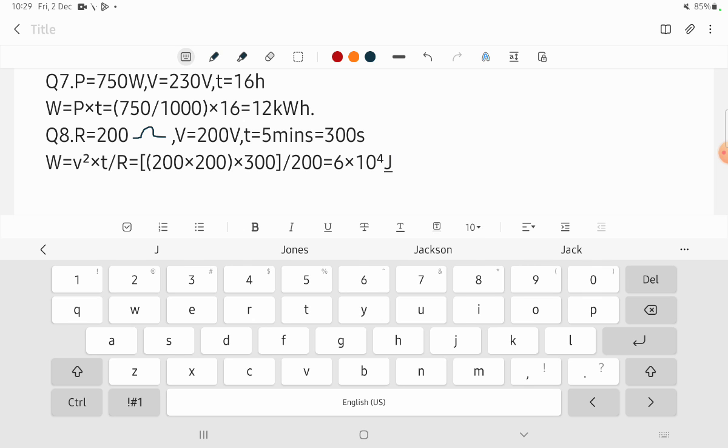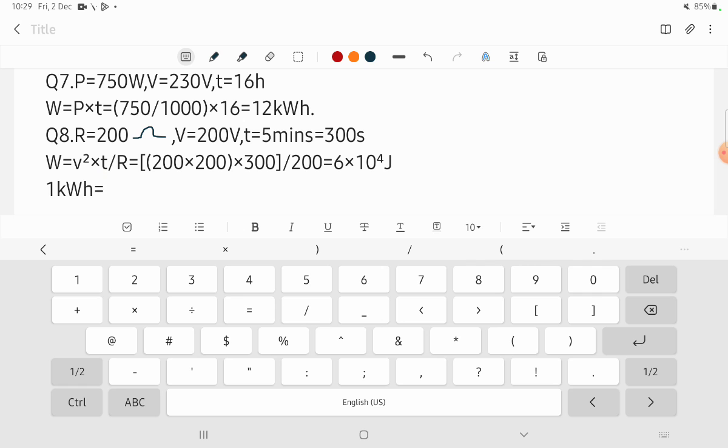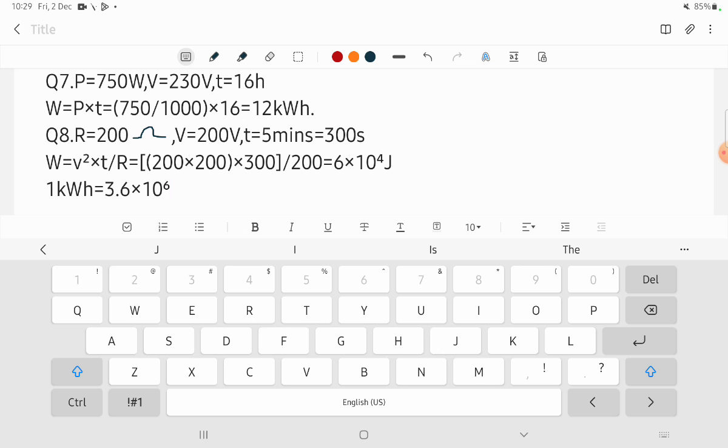Achha, this is the energy in joule, and they have also asked the energy in kilowatt hour. So what is the relation between joule and kilowatt hour? 1 kilowatt hour is equal to 3.6 into 10 to the power 6 joule.